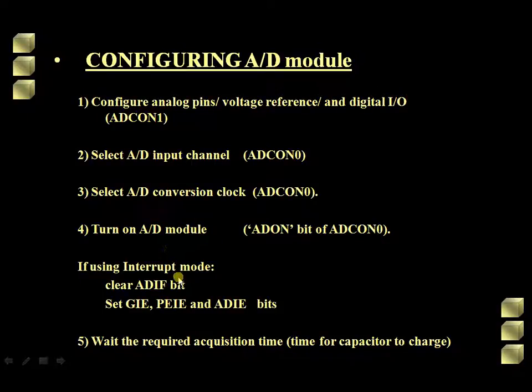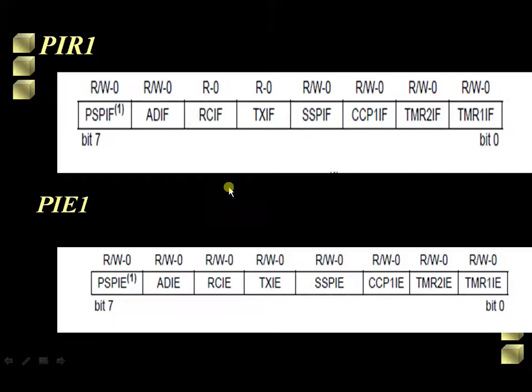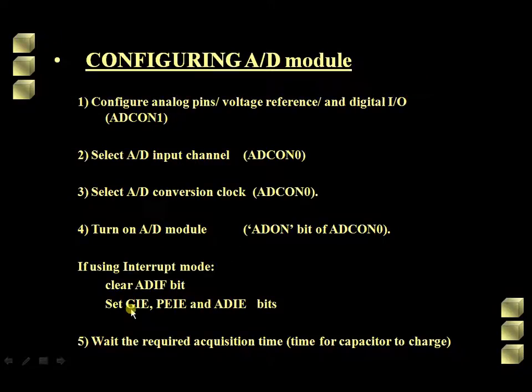If we are using interrupts, we have to clear this ADIF bit so that an interrupt will not be generated immediately. Then we have to set GIE and PEIE. GIE is the global interrupt enable, which should always be enabled for generating an interrupt, and PEIE is the peripheral interrupt enable. As we are generating the interrupt with the help of a peripheral, this bit should definitely be enabled.